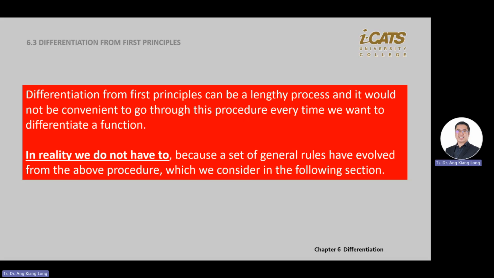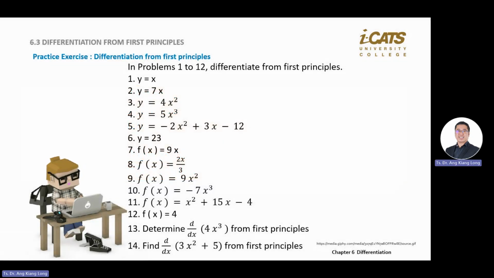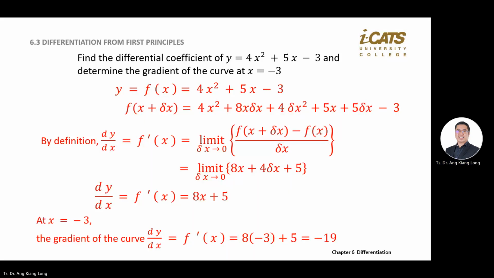Just now, the first principle is a bit of a lengthy process, but nowadays it's already replaced by computers. Algorithms already help you do all the things. So in reality, we don't have to do the steps. This is just an exercise. Again, if you see first principle, it means you need to show me these steps.